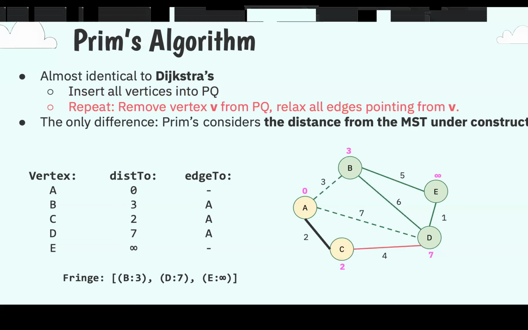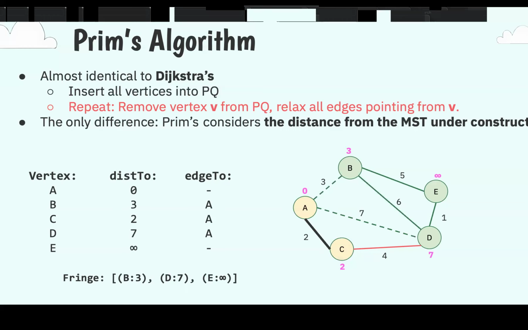And then we just do the exact same thing. We relax all the outgoing edges. And I guess the cool thing about it is all the dashed lines are the lines that we have already visited before. So Prim's is actually keeping track of all the work that we've done already in the prior visitations of vertices.